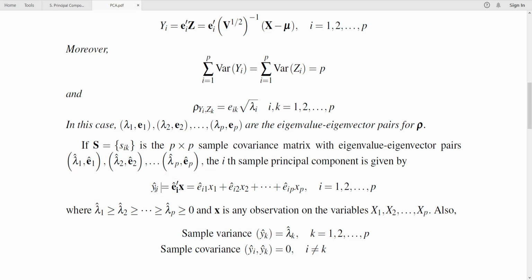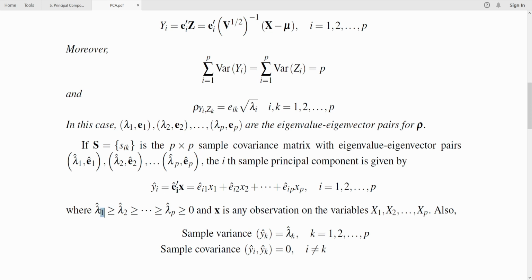They are sample principal components because we obtained them using the sample covariance matrix or the sample correlation matrix. If we have those pairs for our samples, now with the hat, then each sample principal component is given like this. Those x1, x2, up to xp are draws from our p-dimensional population.